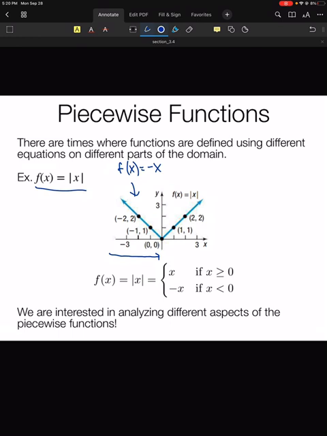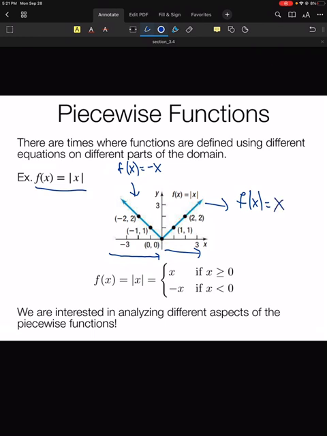Okay, so that would be a negative function, but it abruptly turns right at x equals 0, and then as we go from 0 to positive x, it now looks like the function f of x is equal to x.